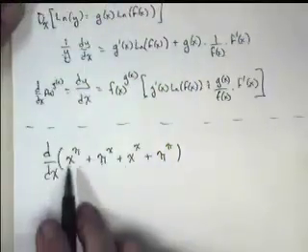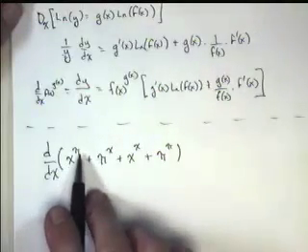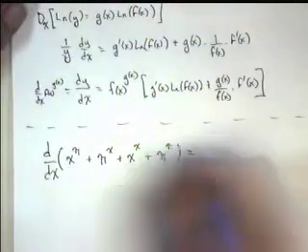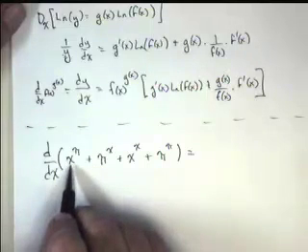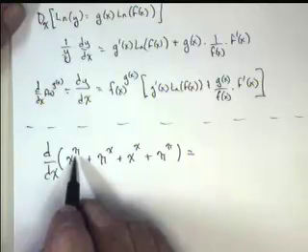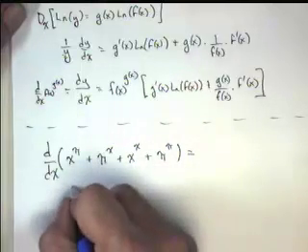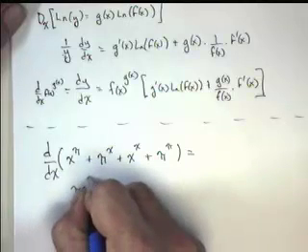The reason I do this is so we remember what is a variable and what is a constant. Pi is a number. It's 3.14. It's a constant. So the derivative of x to the pi, and now we never proved it for irrationals, but it turns out to also be true for irrationals, is pi times x to the pi minus 1.